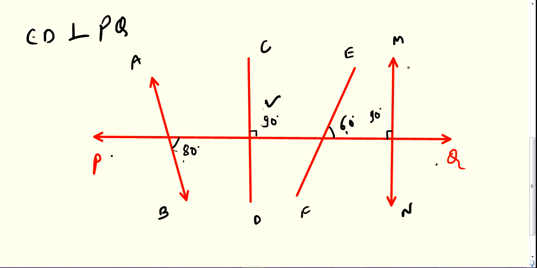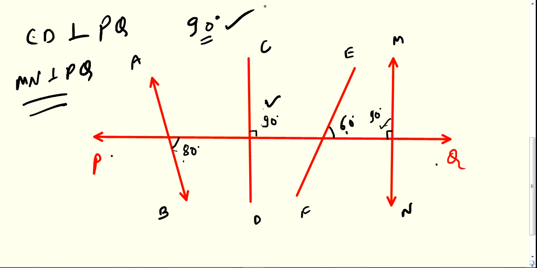And in the last line MN, yes, there is an angle of 90 degrees, so MN will be perpendicular to PQ. Finally, you can write that CD and MN are perpendicular to the line PQ because they form an angle of 90 degrees. This is the required solution for question number 3.